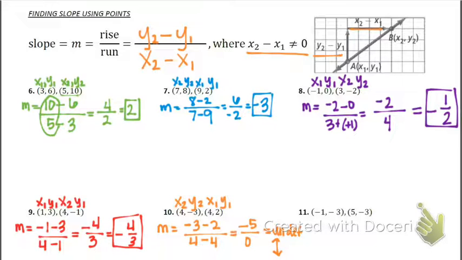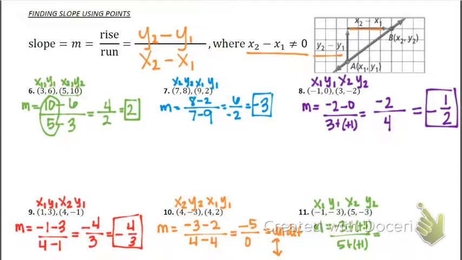Okay, and then the very last one. Let's do x1, y1 over x2, y2. So that's going to be negative 3 minus negative 3 over 5 minus negative 1. Subtracting a negative becomes positive.